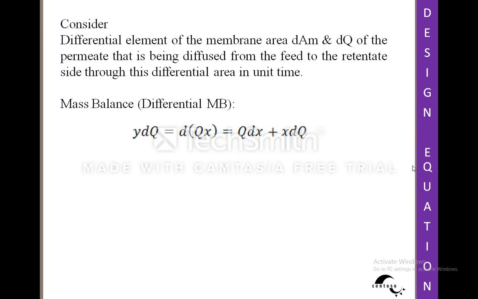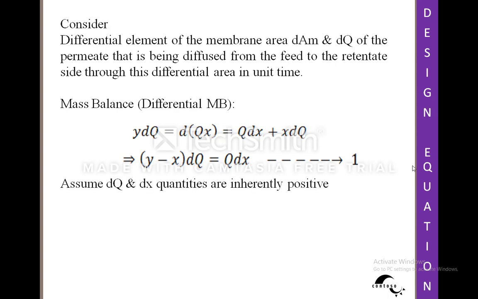So y dq is equal to d(qx). I am rearranging that equation into dq on one side and dx on the other side, and we are assuming that dq and dx are inherently positive quantities. So dq by q is equal to dx by (y minus x).